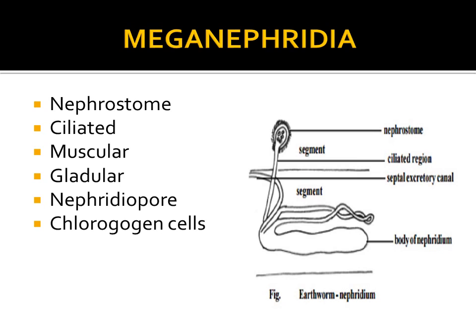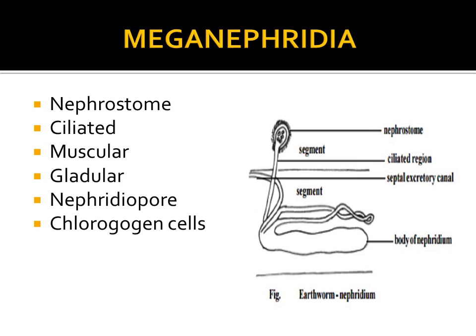The nephrostome is followed by the next region, a long tubule. This long tubule is further divided into three divisions: the first is the ciliated region, the second is the muscular region, and the third is the glandular region.